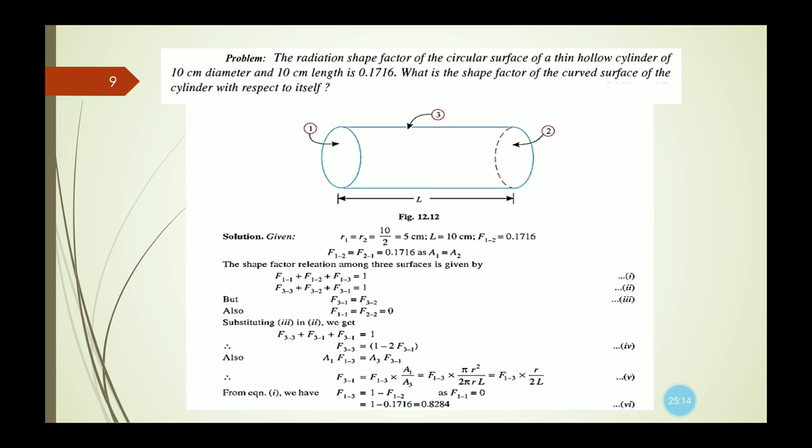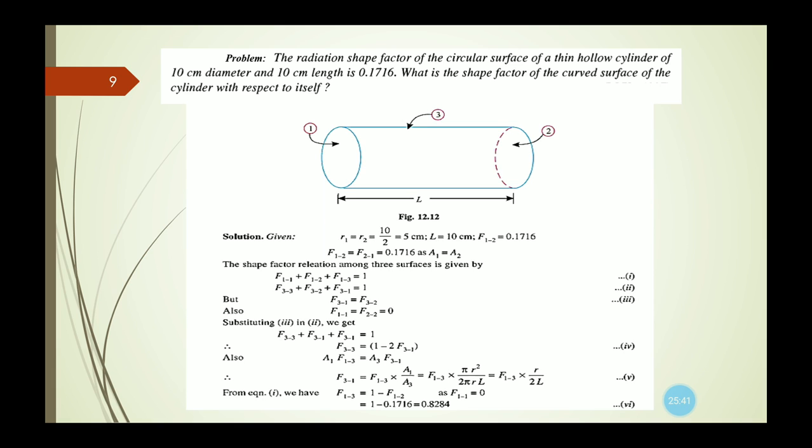That means F33 we need to calculate finally. So let us write the summation rule. It is F11 plus F12 plus F13, which equals 1.